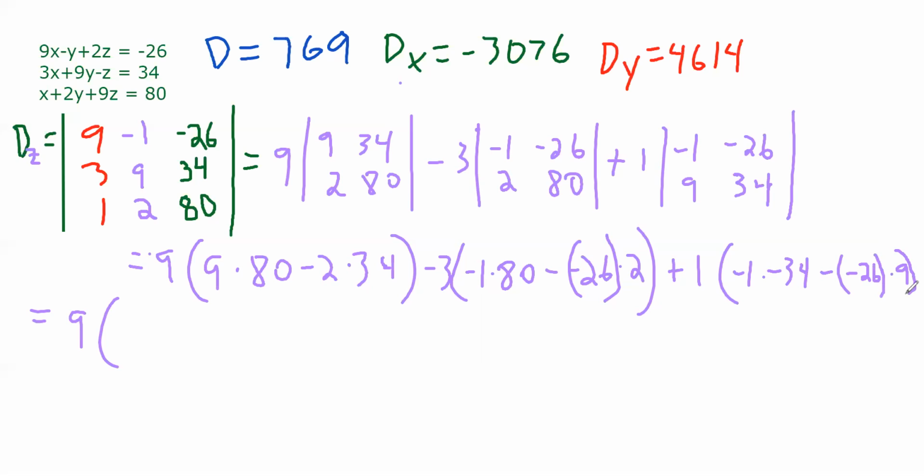Bada bing, bada boom. 9 times 80 will be 720. 2 times 34 will again be 68.